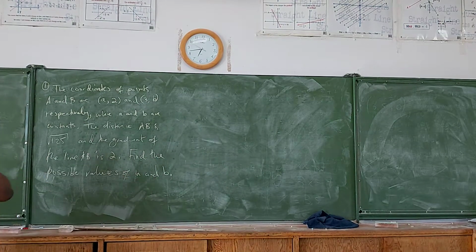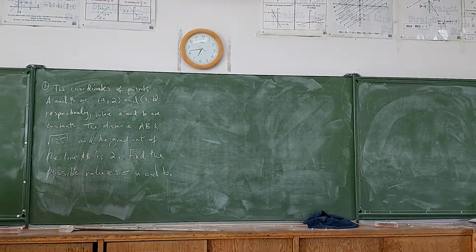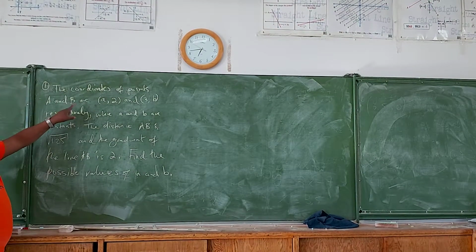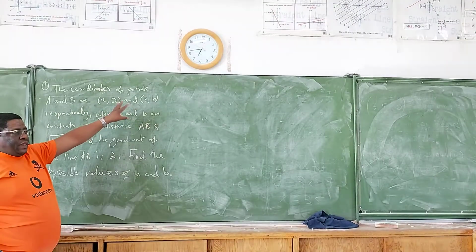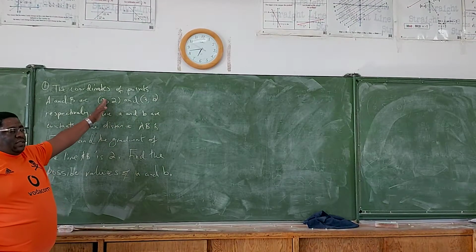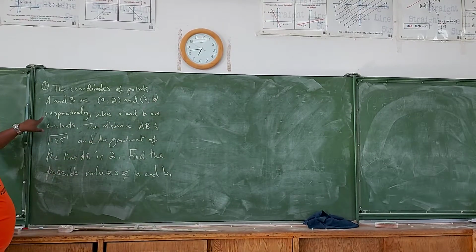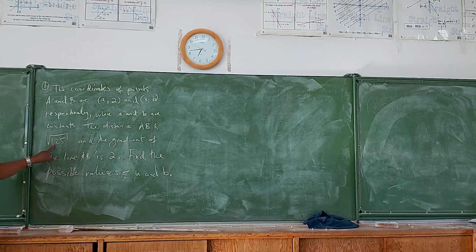Okay, so let's look and see what we have here. The coordinates of points A and B are (a, 2) and (3, b). So we don't know what the x coordinate is, and we don't know what the y coordinate is. Where a and b are constants, the distance AB is root 125. Now remember the distance formula?